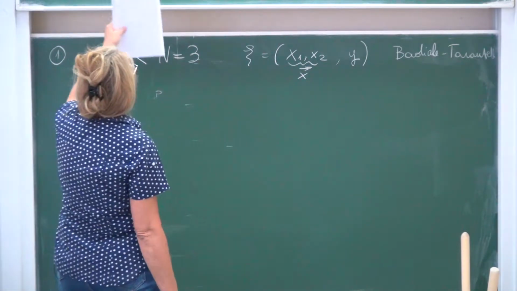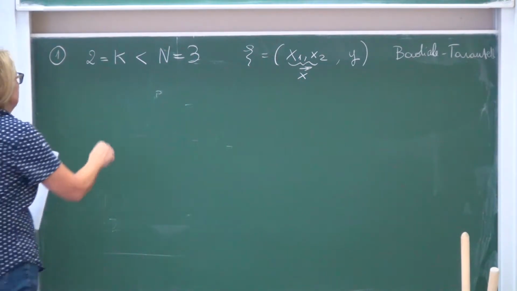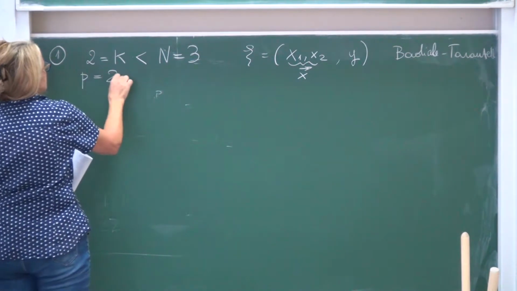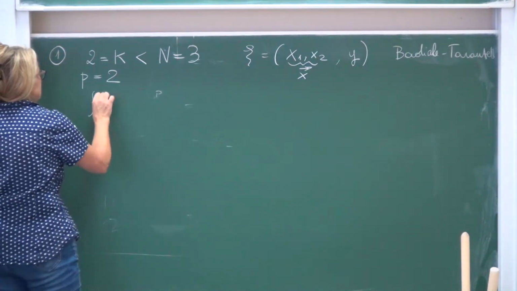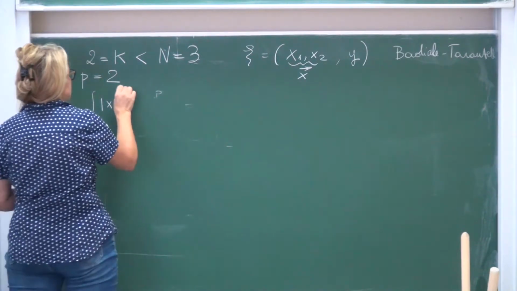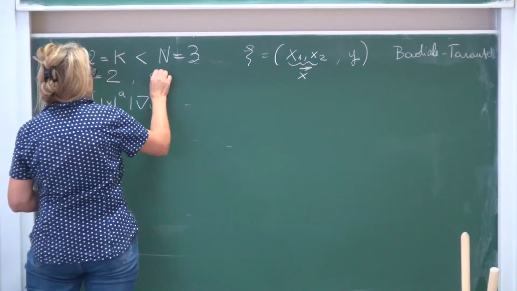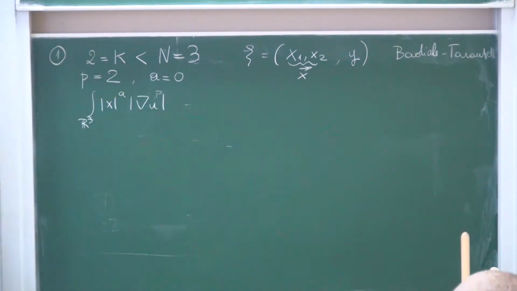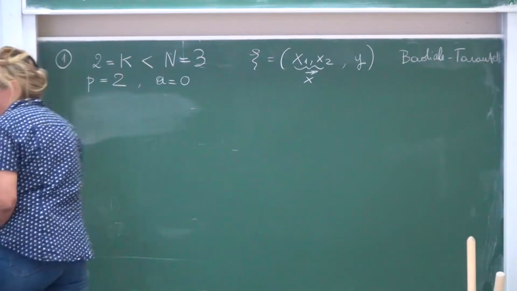Now, if we apply that, with P equals 2, so the invariant case, we have an inequality like this, and also let me say A equals 0 just to simplify.